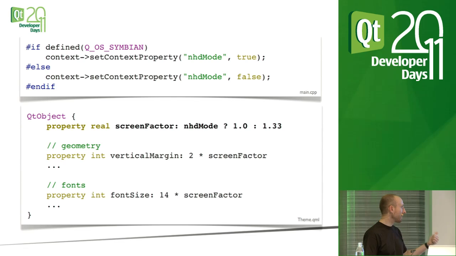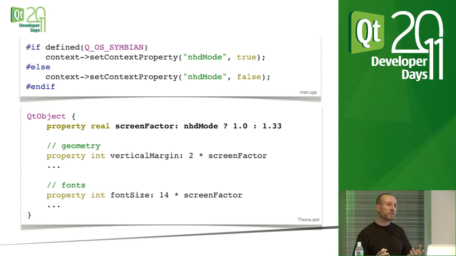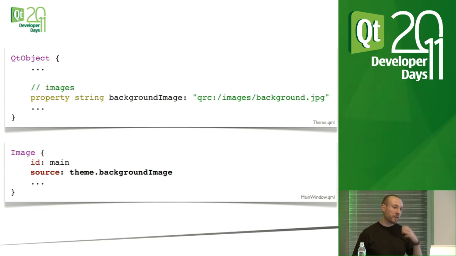So this Qt object here with the properties, we call a theme object. That means that all these variable values that we use to define the layout and the size of the UI are defined in one place, in the theme object. And we're not only using that for geometry and font sizes, we're also using that for pixmaps.